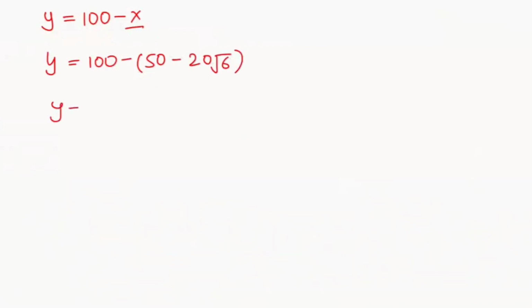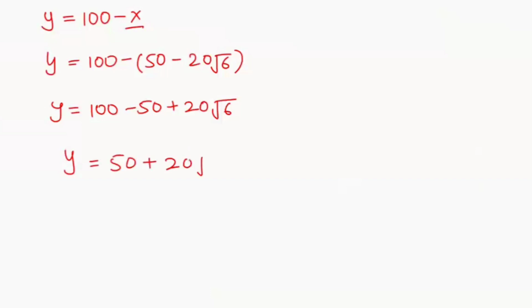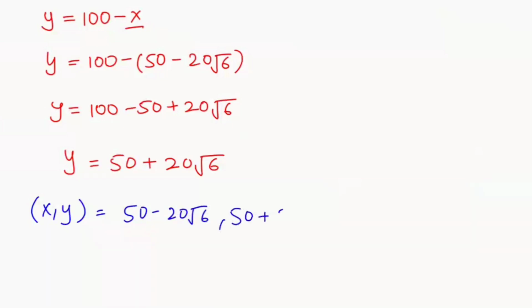And y equals 100 minus 50 plus 20 root of 6. So here we get y equals 50 plus 20 root of 6. So from this, we get the x, y values: 50 minus 20 root of 6 and 50 plus 20 root of 6.